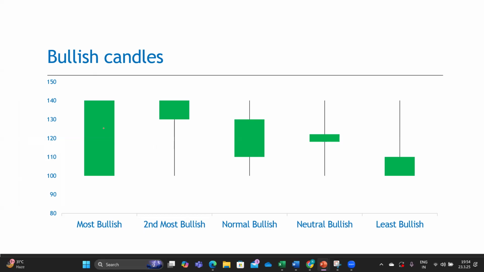Okay. Second most bullish candle is this. In this case, if you see, this is open, this is low, this is close. There is no high here.